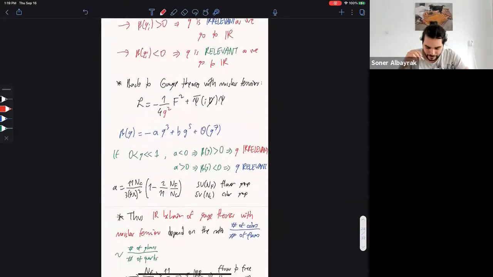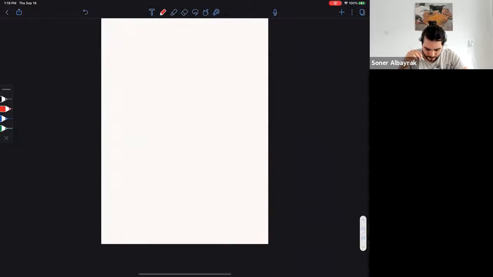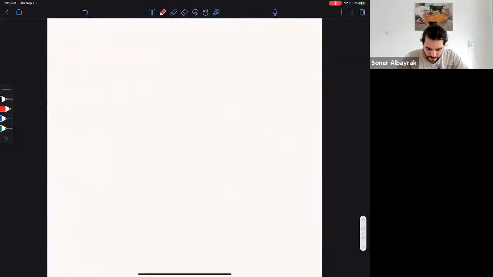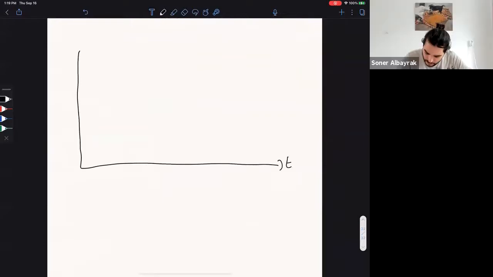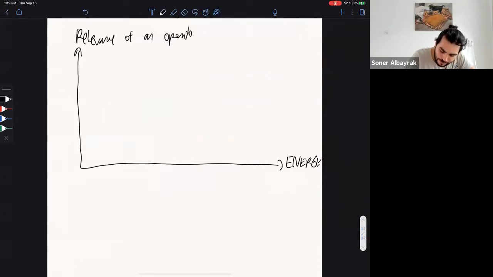Okay, let me try this. This is energy, and this is the importance of an operator. I don't mean the technical term relevance, but just importance.